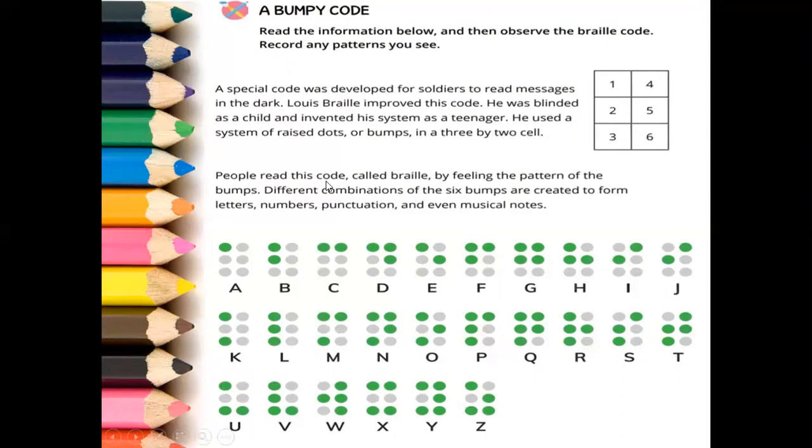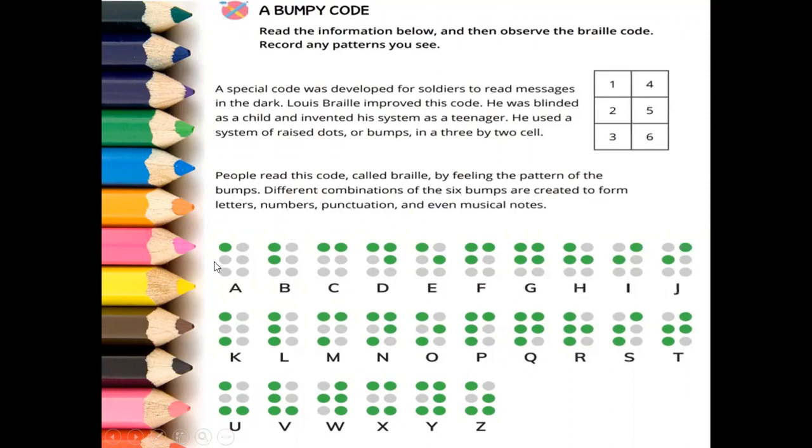People read this code called Braille by feeling the pattern of the bumps. Different combinations of the 6 bumps are created to form letters, numbers, punctuation, and even musical notes.